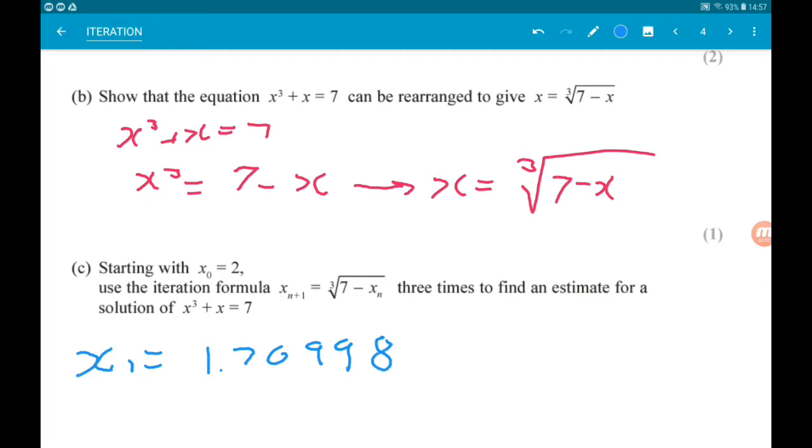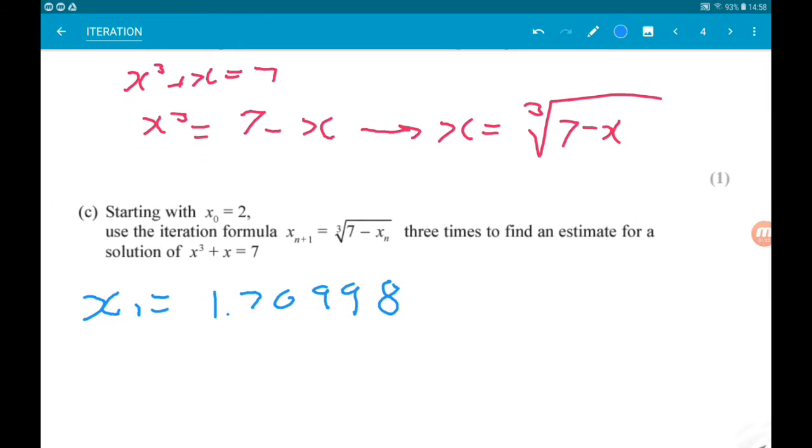So I know here it doesn't say to a specific number of decimals. I always think 5 with iteration is a good number. Also, here it doesn't say find x1, x2 and x3, but when in Rome. So press equals again, and we're going to get x2 is 1.74242.